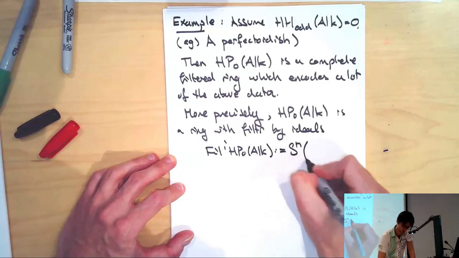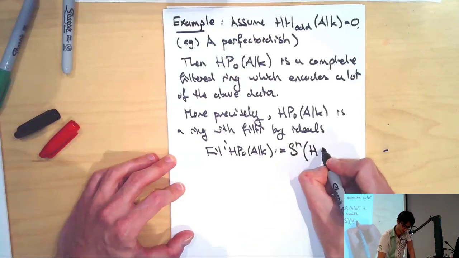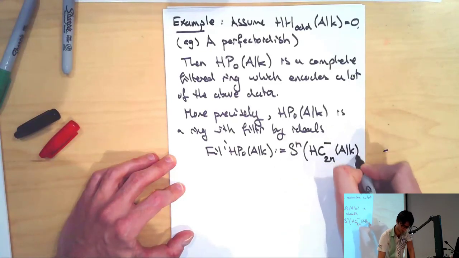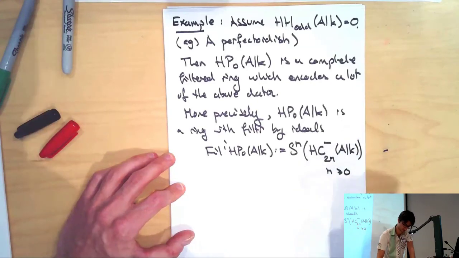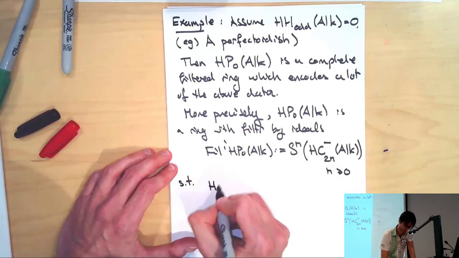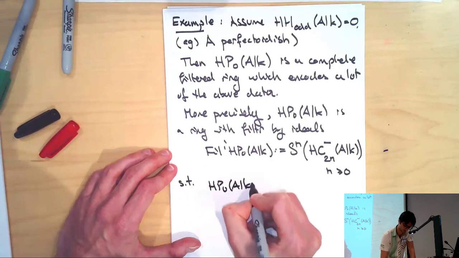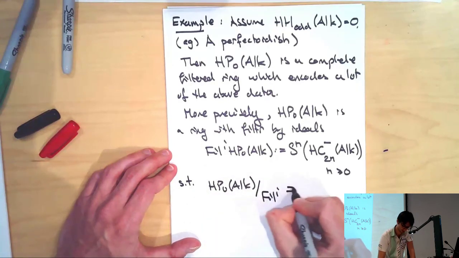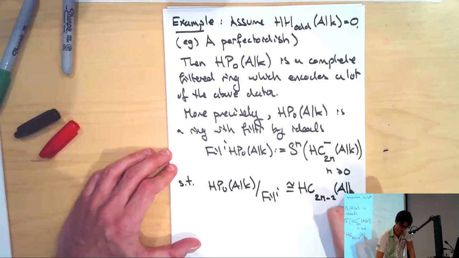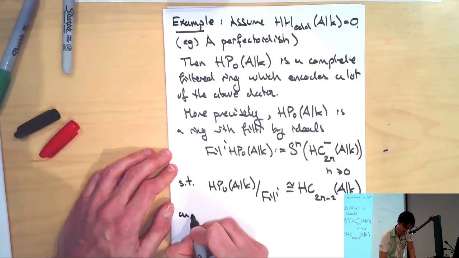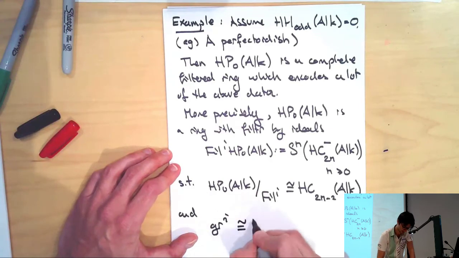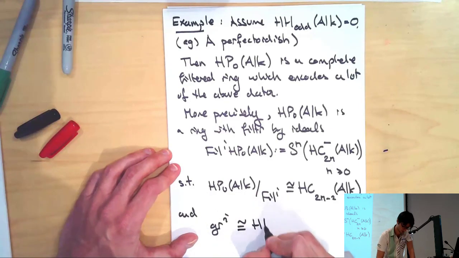I'm going to just apply this periodicity operator some number of times to HC minus of 2n of A over K, for n bigger than or equal to 0, such that HP0 of A over K modulo these Fil^i will recover for us HC of 2n minus 2 of A over K, and so I have some filtration. I can look at the graded pieces, and these graded pieces will look like the Hochschild homologies.